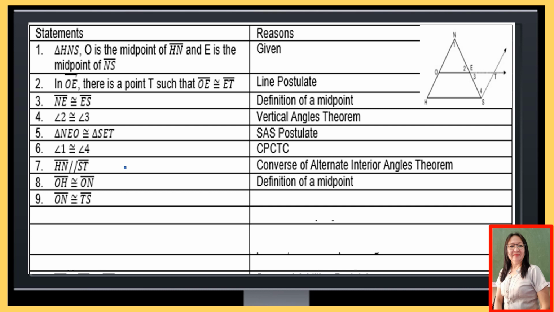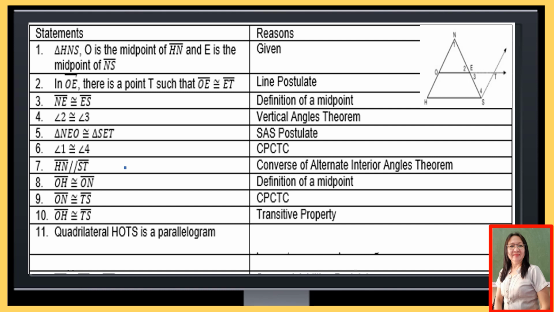So ON is congruent to segment TS. That is also corresponding parts of the congruent triangles. And then segment OH is congruent to segment TS by the transitive property.